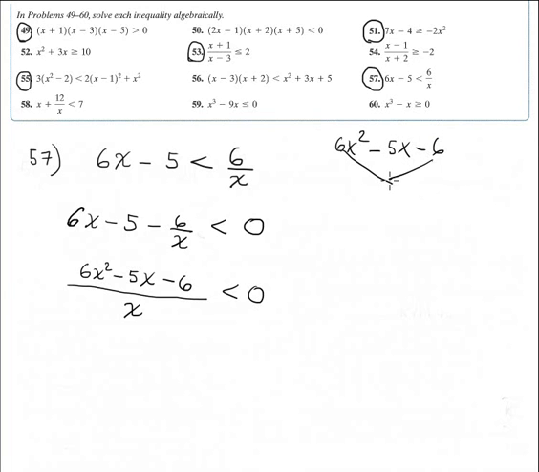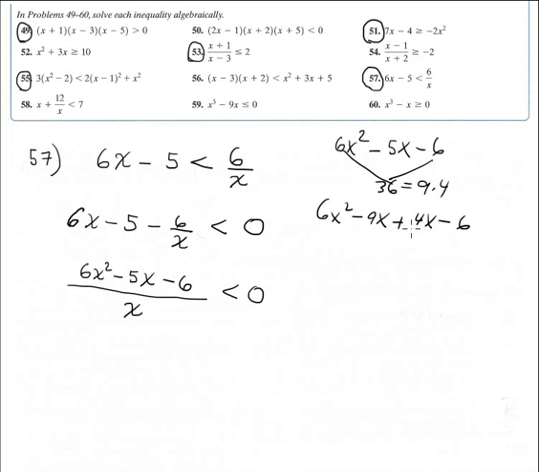The multiplication is 36 and the combination is 9 and 4, because 9 times 4 is 36 and 9 minus 4 is 5. So I copy 6x squared minus 9x minus 4x minus 6. Wait, this is plus.